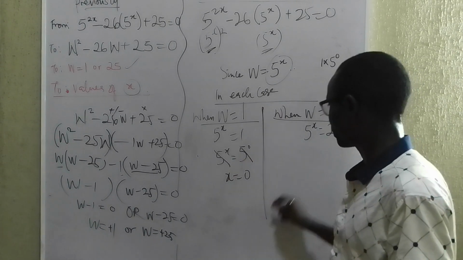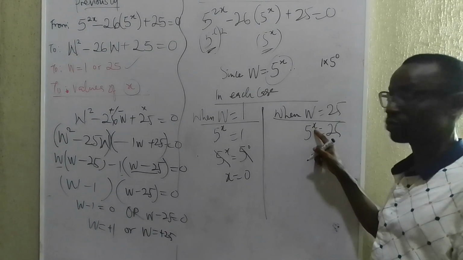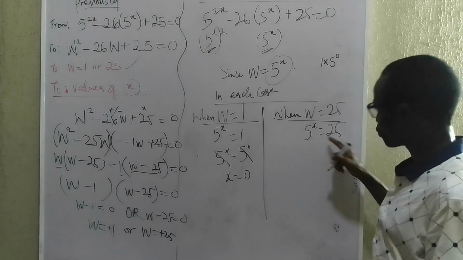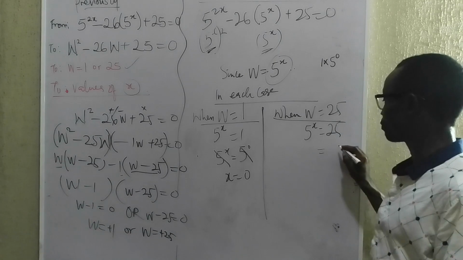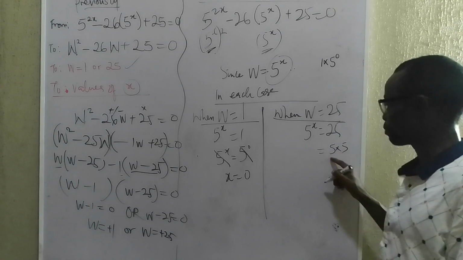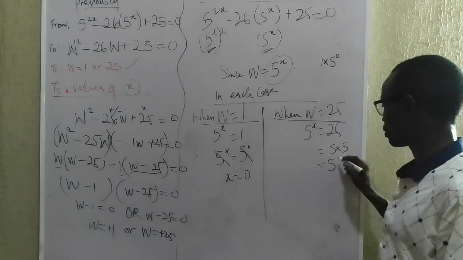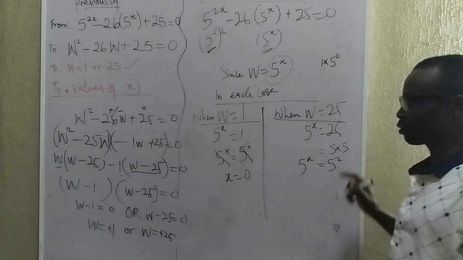In this case now, we have 5 raised to the power x and this. We want this to also look like this. How can we make this look like this? What is 25? 25 is the same thing as 5 times 5. And how many 5s do we have here? 2. So it's the same thing as saying 5 raised to the power 2. So this is 5 raised to the power x equals 5 raised to the power 2.